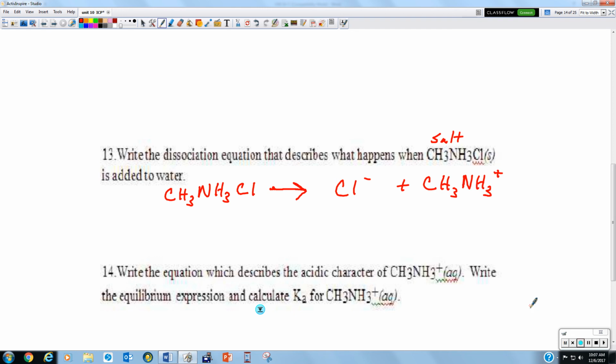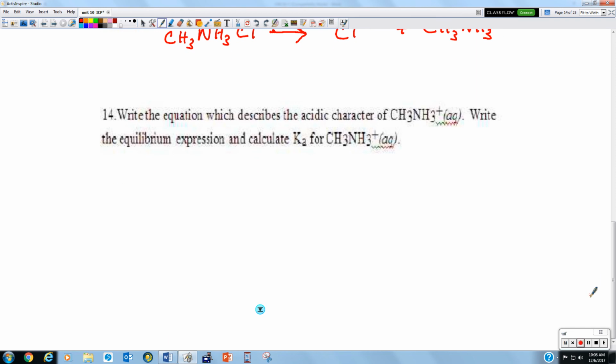It doesn't matter which order you write it in. We just know that that Cl is our anion and the other group is our cation. That's all you have to do for that one.